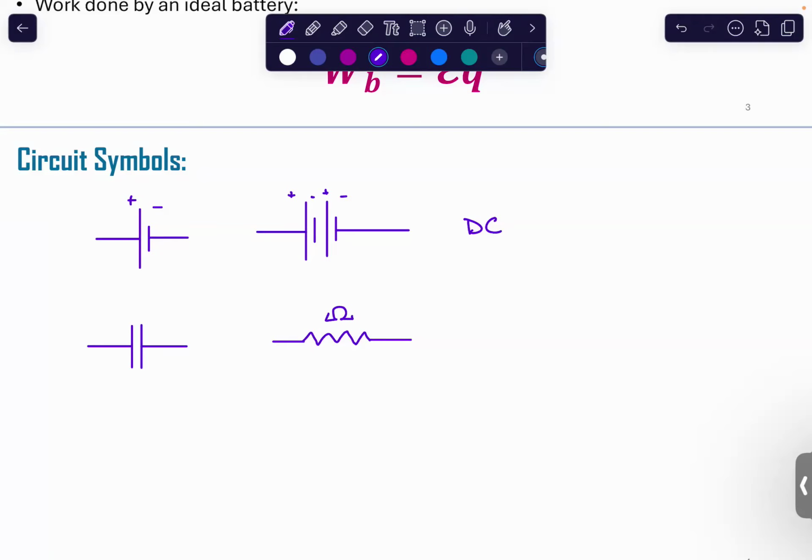What do you think this is? Ohms is for what did we just say? You said this is your resistor.